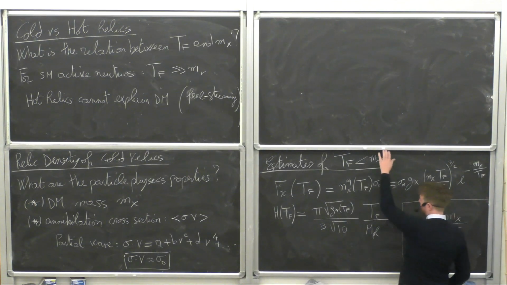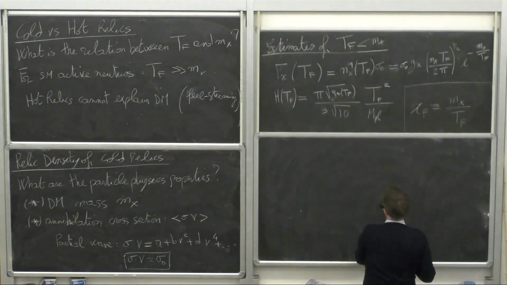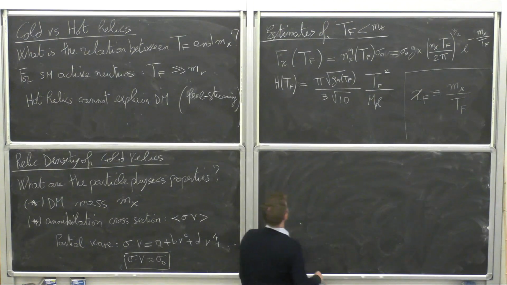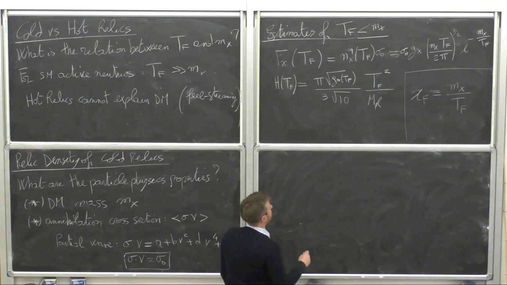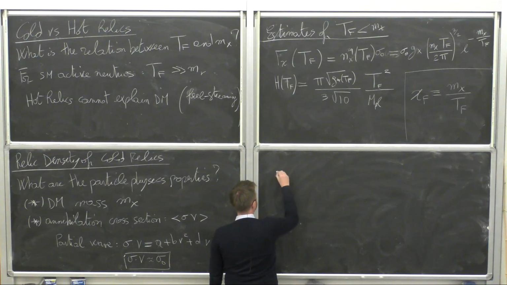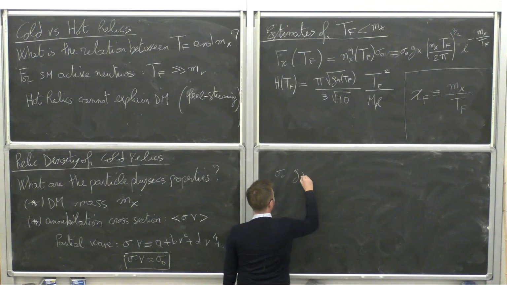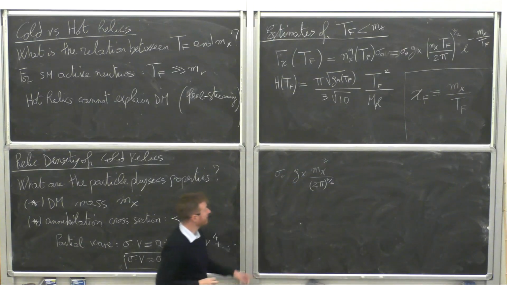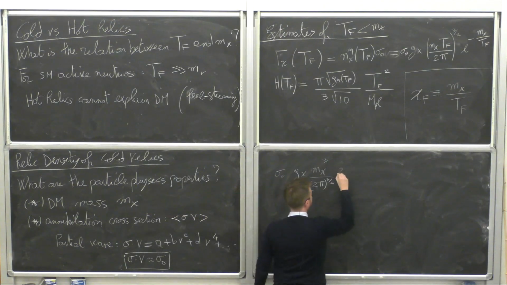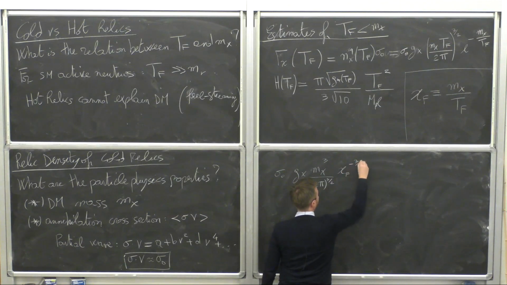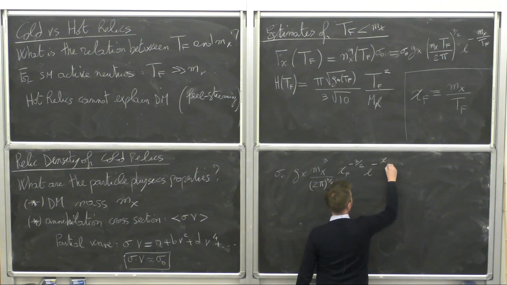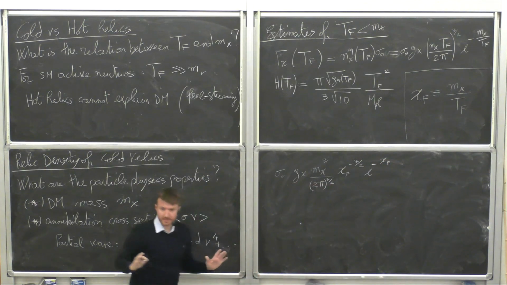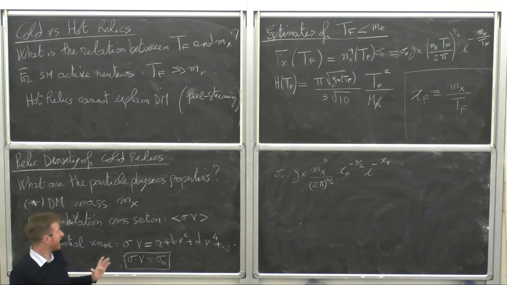Okay, so let's solve for the freeze-out condition. The freeze-out condition can now be written as follows. We have sigma 0, g chi, then we have m chi cubed over 2 pi to the 3/2 times xf to the minus 3/2 e to the minus xf. So you see, this is the gamma.